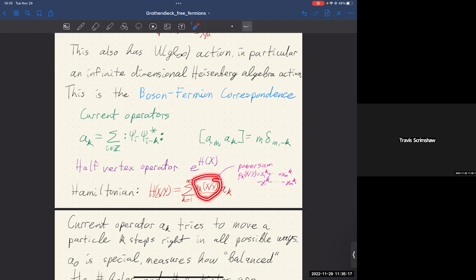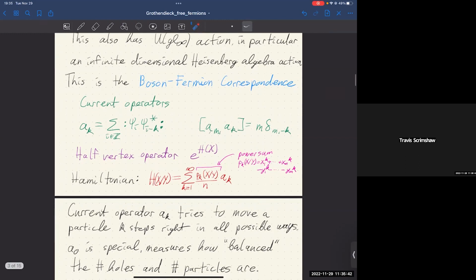So I take power sum symmetric functions, but I'm going to have two sets of variables. One is going to have a positive power, and that's going to be in the numerator. And then in the denominator, they're going to have negative powers. So for those of you who are familiar with plethysm, I'm taking x minus y. But if not, well, I have things that behave positively and things that behave in a kind of dual negative sense.